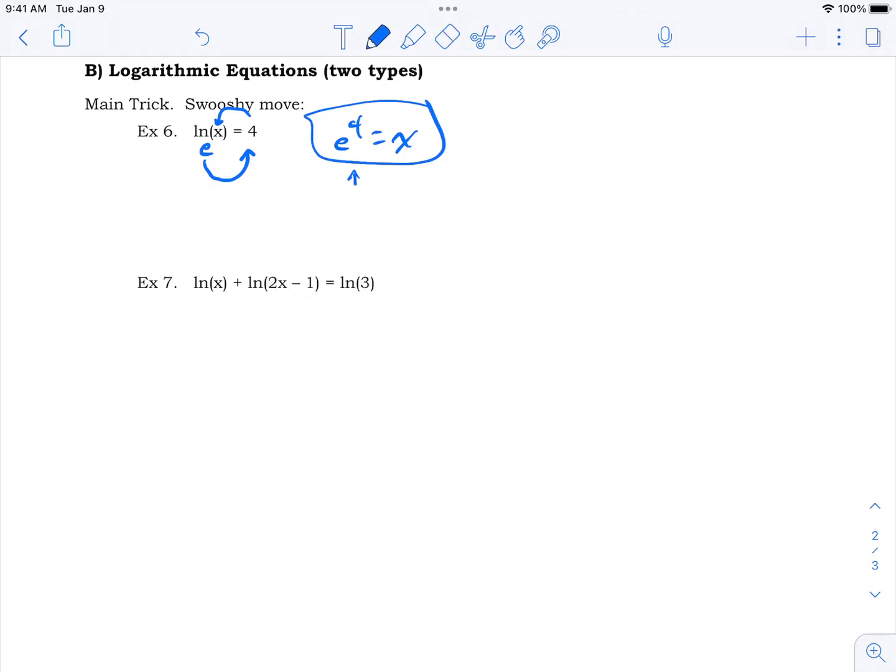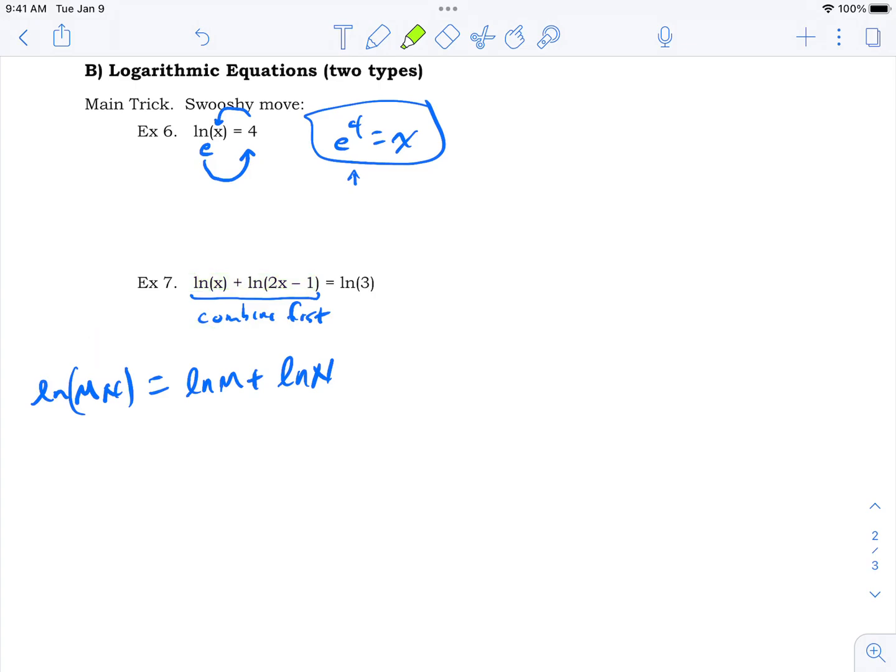So what we've got to do here is combine these first into a single logarithm using that property that says if you have a product, it splits up as adding two separate logarithms. We're going in the opposite direction. We've got two separate logarithms added together. We're going to combine them.